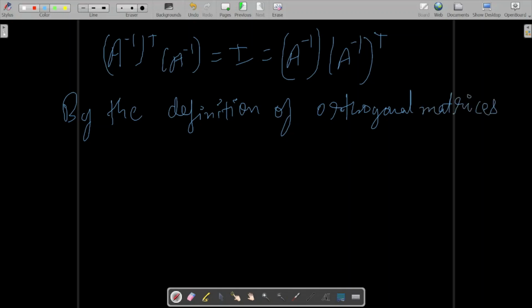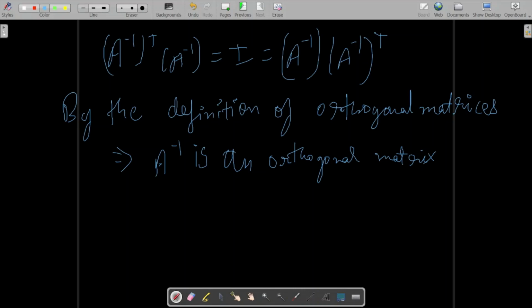By the definition of orthogonal matrices, we have A inverse is an orthogonal matrix.